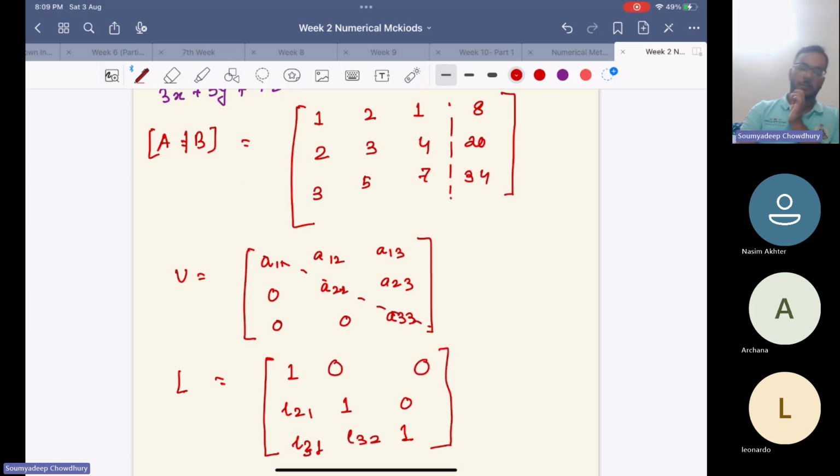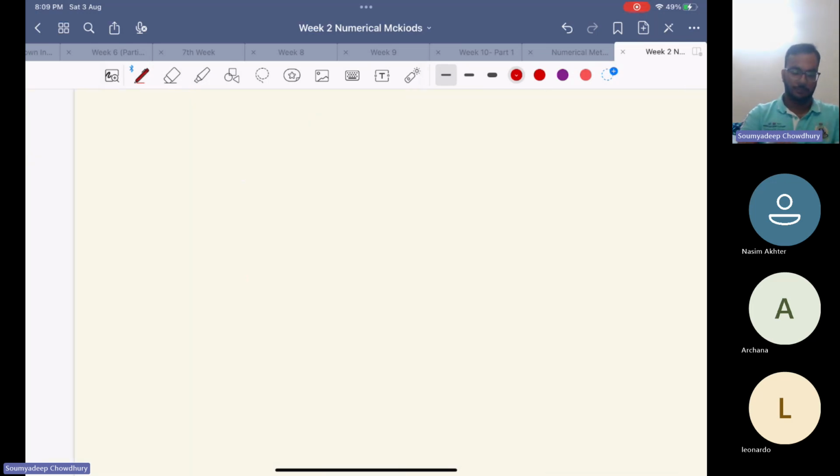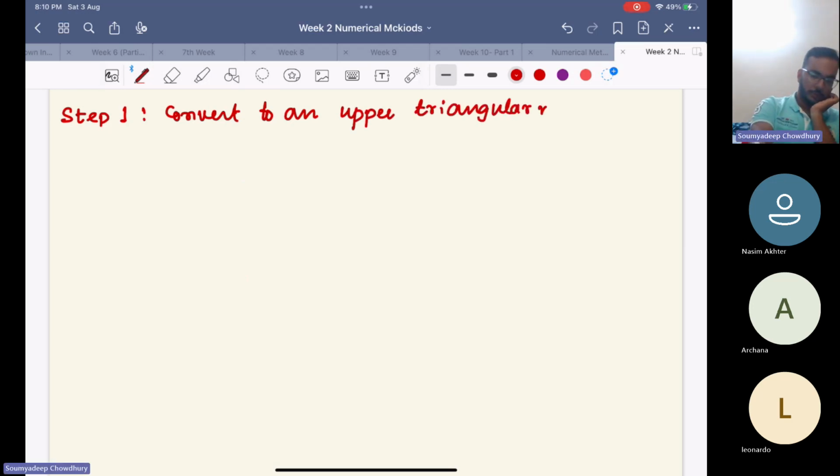So this is a lower triangular matrix and this is an upper triangular matrix. In Gauss elimination, we convert this augmented matrix into an upper triangular matrix. This is the first step. So step 1 is convert to an upper triangular matrix.